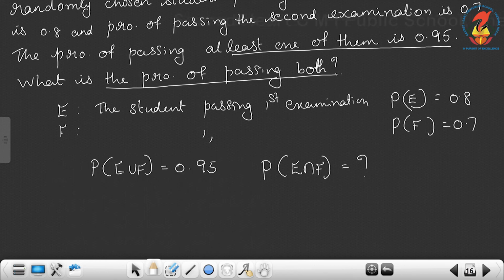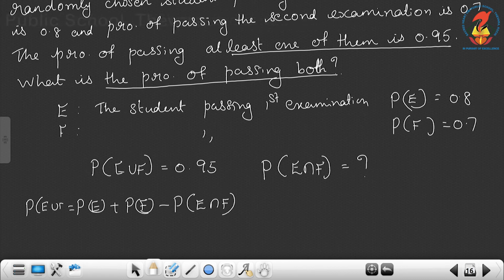So, now we apply this. P of E union F is P of E plus P of F minus P of E intersection F. So, what is P of E intersection F?